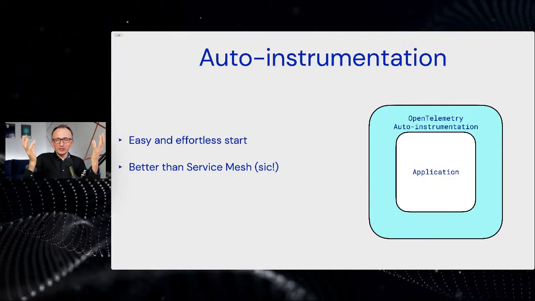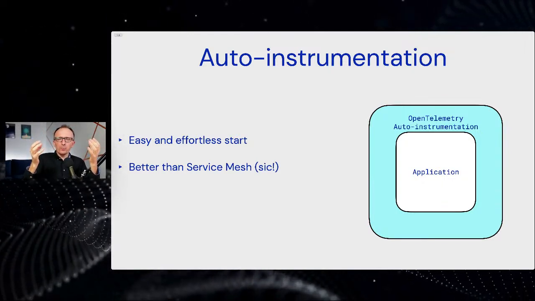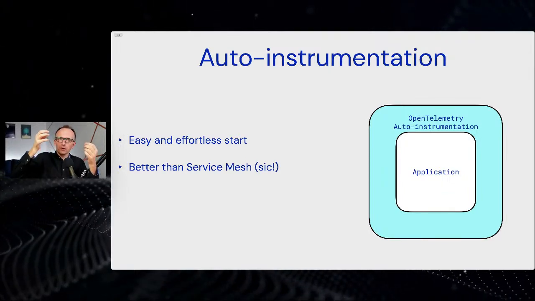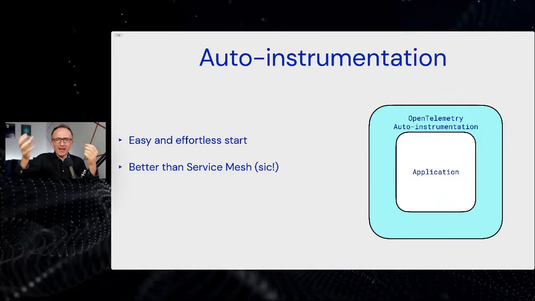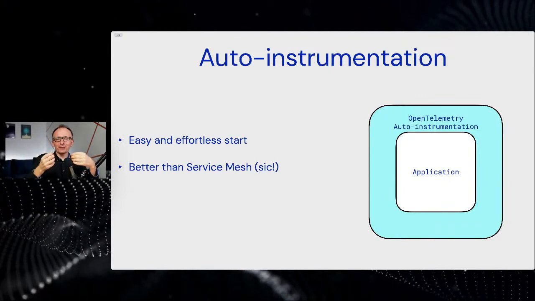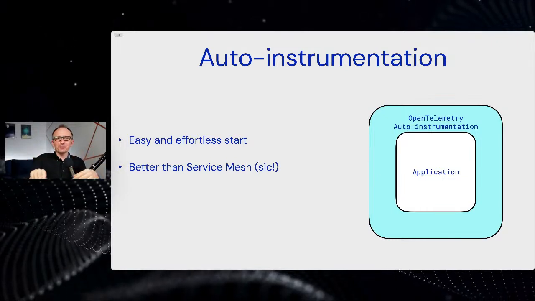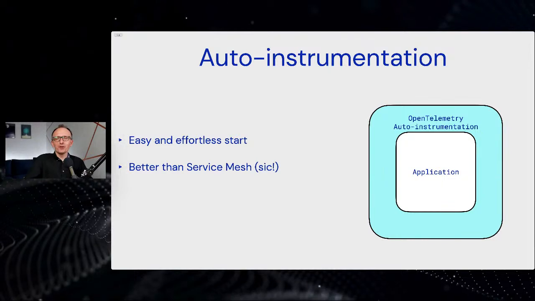Just compare it to the level at which OpenTelemetry is able to intercept calls produced by your code. It can create spans. Of course, service meshes can also produce spans, but it's a totally different game. So auto instrumentation is this killer feature of OpenTelemetry.